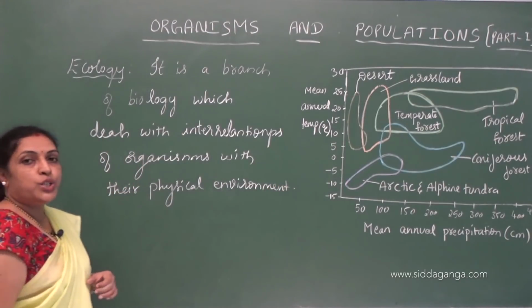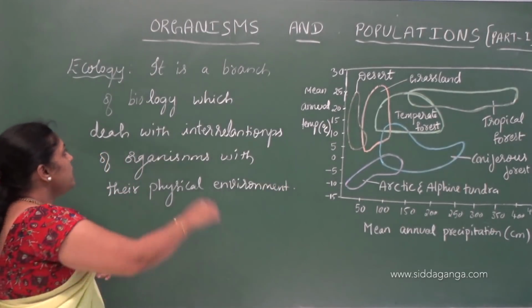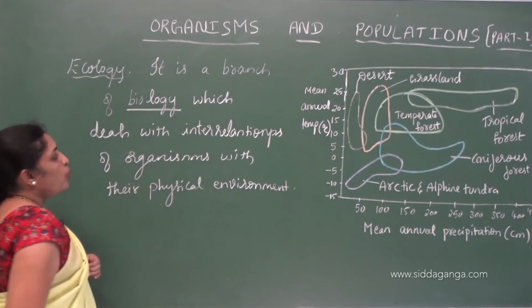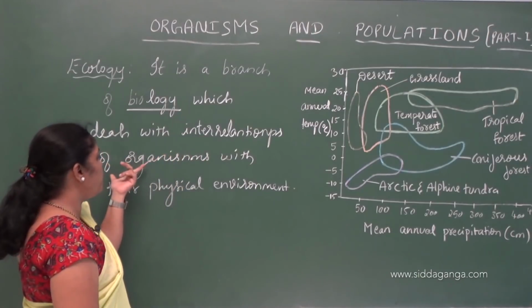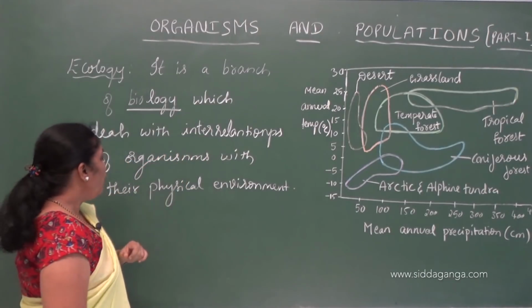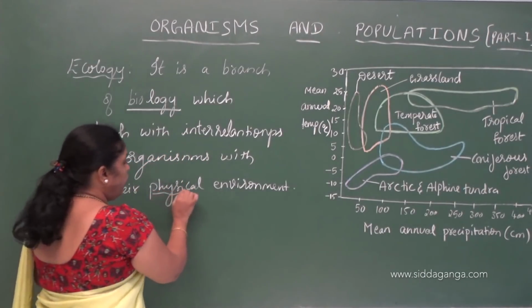So this is the definition of ecology. It is a branch of biology which deals with the study of interrelationships of organisms with their physical environment.